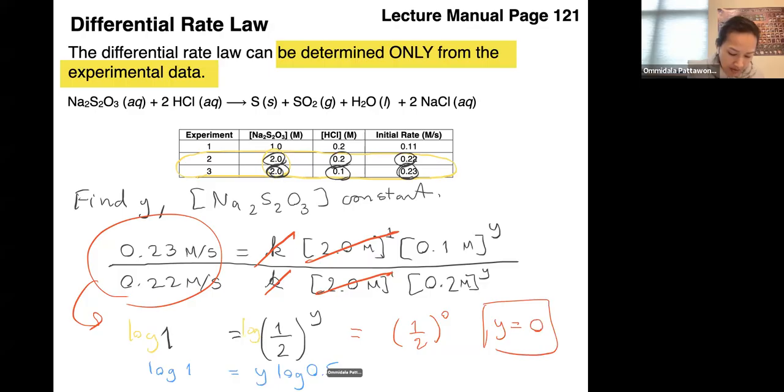Then you divide both sides by log of 0.5 and solve for y. In this case, you get y equal to 0. You can do it either way: take the log on both sides, or just know that anything raised to 0 is equal to 1, and anything raised to 1 is equal to itself.